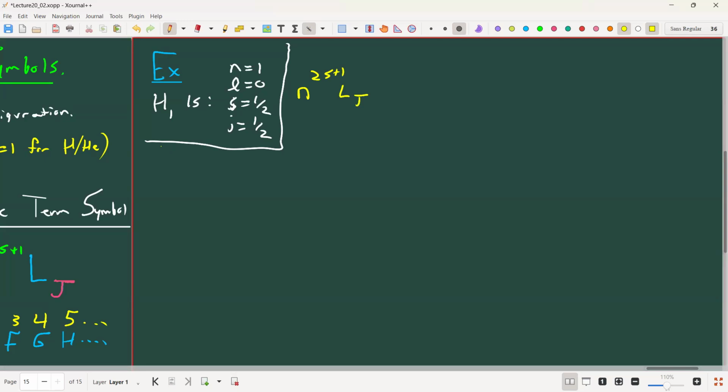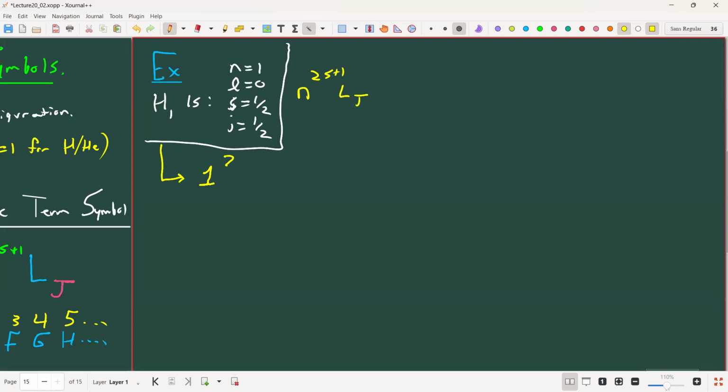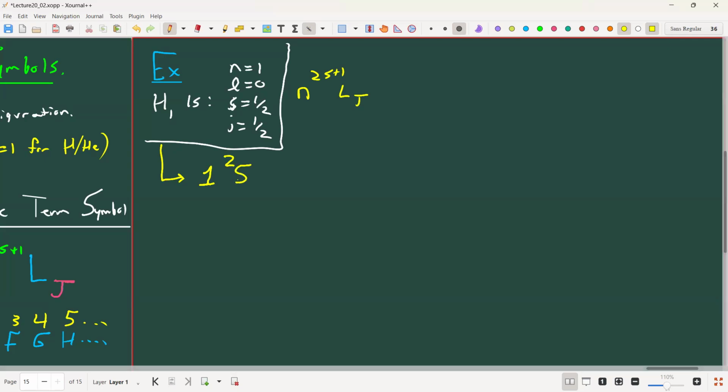So this state would first have a 1 on the outside because n is 1. 2S plus 1, 2 times 1/2, 1 plus 1, so we have a 2 superscript. L is 0, so we write S. And our J is 1/2. So this is the 2S 1/2 state.